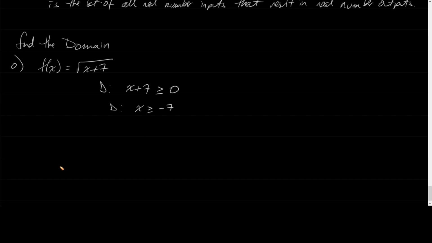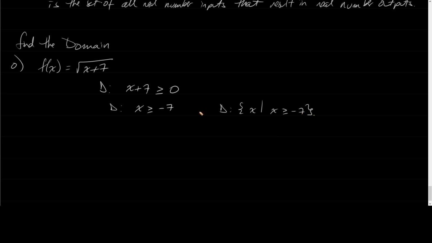There are different ways to write this. If you write it in set builder notation, it would be: the domain is the set of all x such that x is greater than or equal to negative 7.